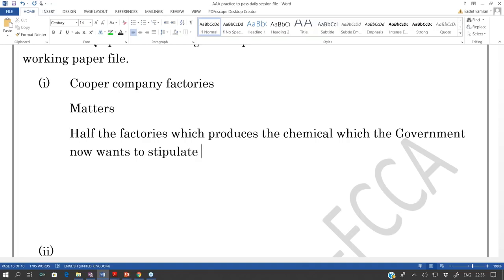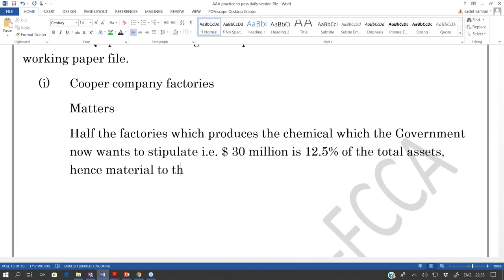Half the factories which produces a chemical which the government now wants to stipulate, that is $30 million, is 12.5% of the total assets, hence material to the financial statements.